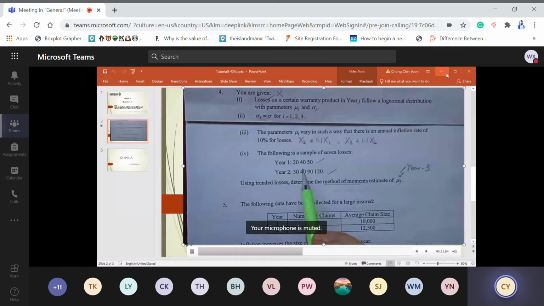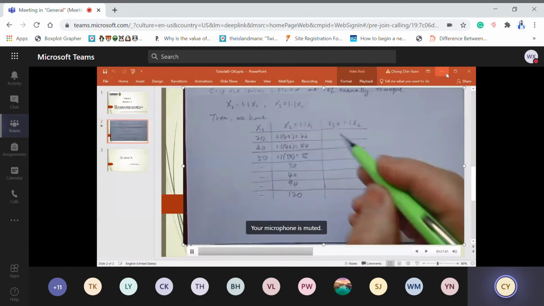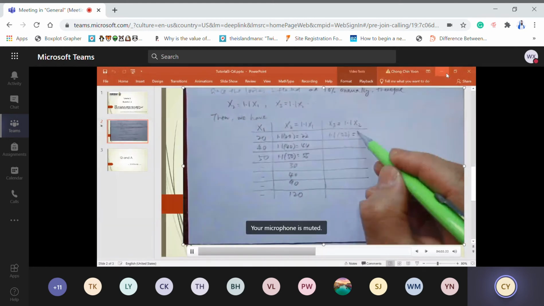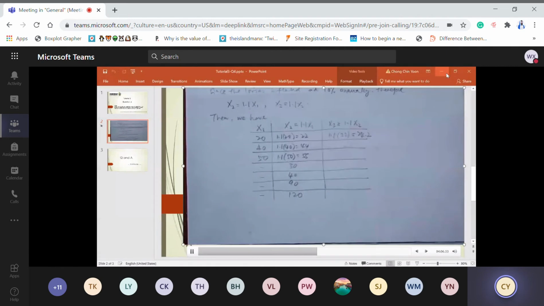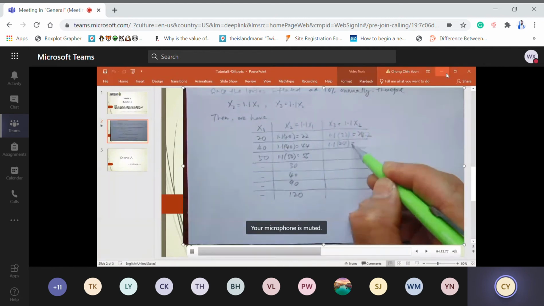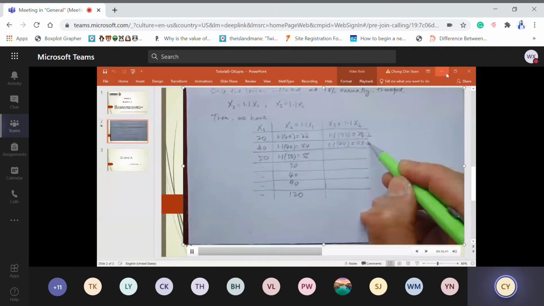So in year 3, this x3 is inflated by 10% of the x2. So we will have 1.1 multiply 22, so we will have 24.2. And next we will have 1.1 of x2, that is multiply 44, we will have 48.4.